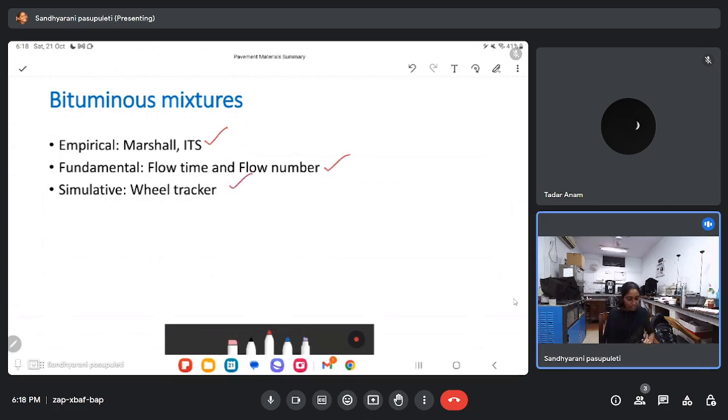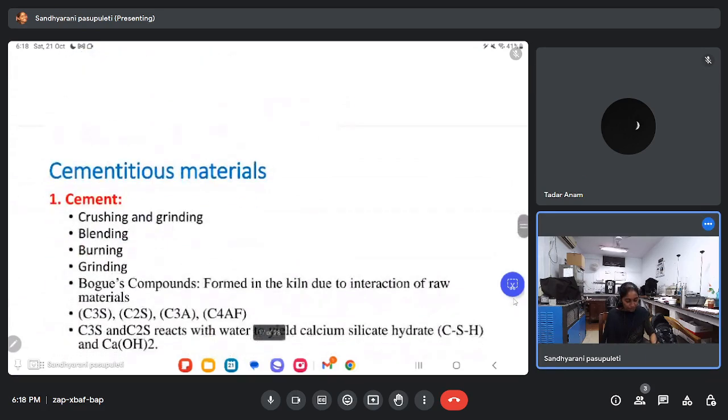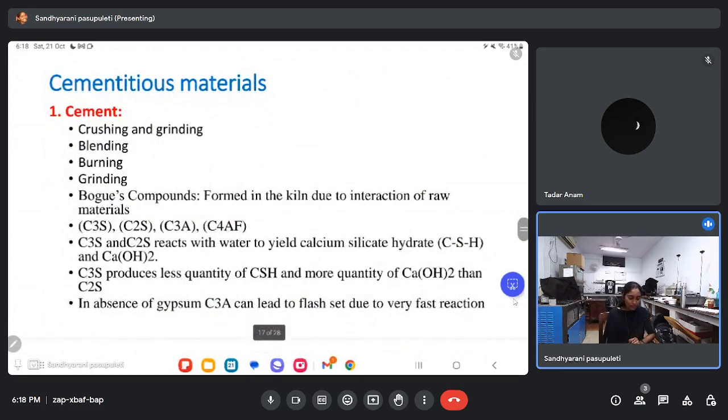And we also have some simulative tests where a real wheel will be moving on the asphalt mixtures to and fro, and we observe the rutting over the surface of the asphalt mixtures. This actually simulates the field conditions better in the lab, but this is a pass or fail criterion. It will not give any fundamental information about the material. So these are most of the information about the asphalt mixtures.